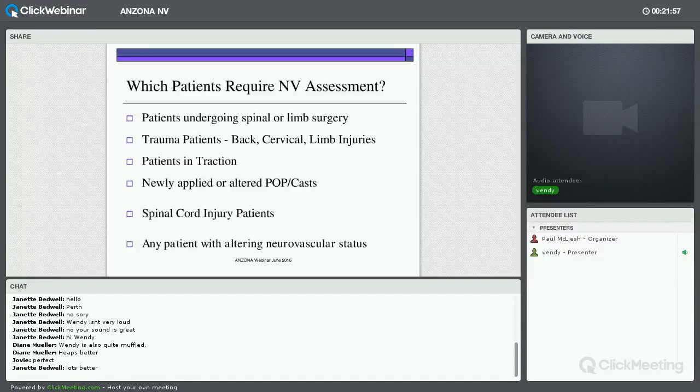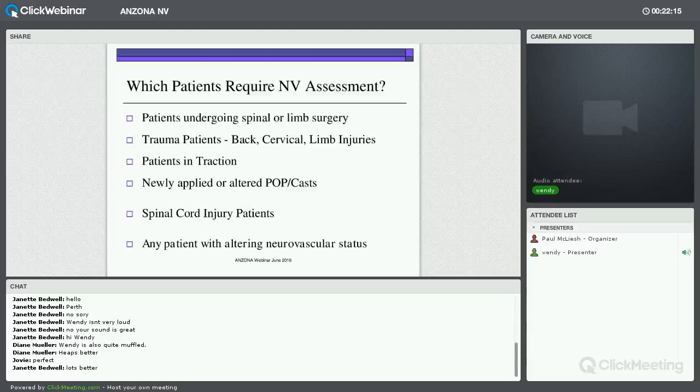Also any newly applied or altered POP or casts, or anything going on circumferentially, even bandaging. That comes back to the traction too, where bandaging around a limb needs a close eye once it's been done.